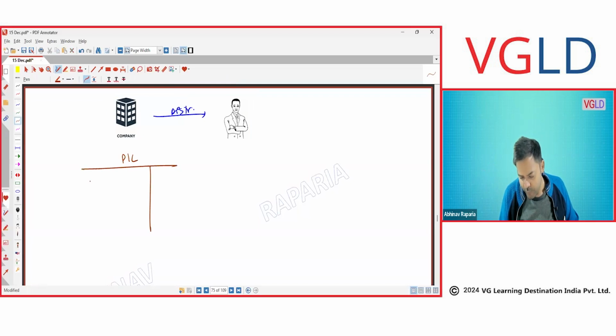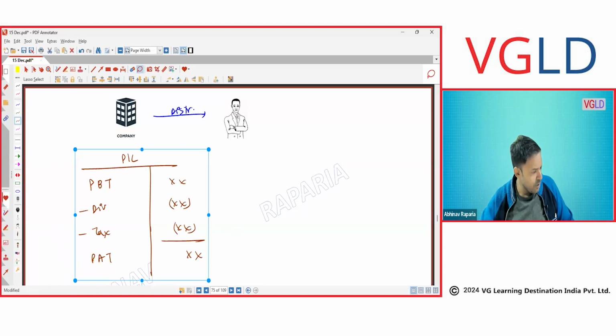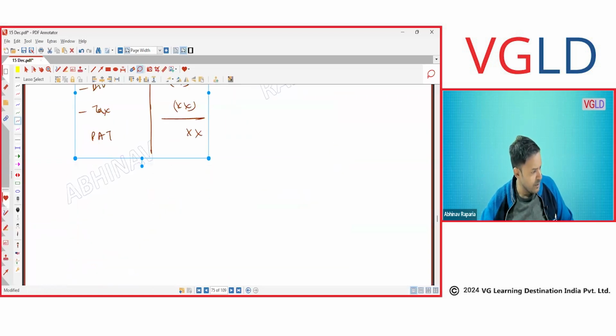You will say, this is my profit before the tax. From this, I'm going to reduce the dividend. And from this, I will reduce the tax and I'll get that. Is that how you calculate the PAT, guys? From PBT, we reduce the dividend, and from that, I reduce the tax and get the PAT, everyone.